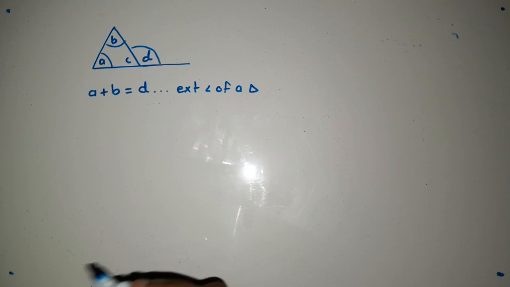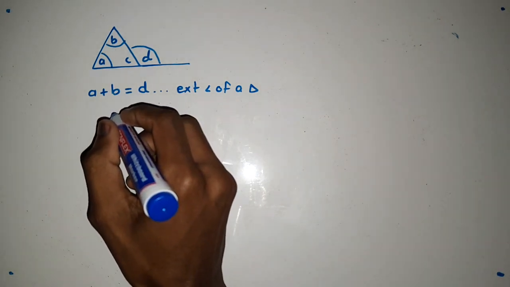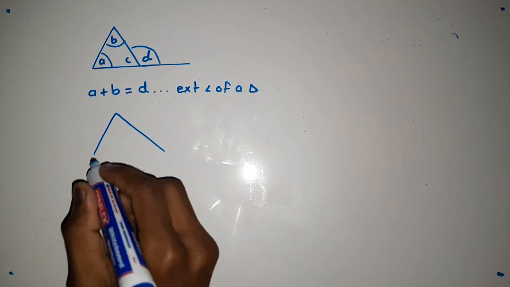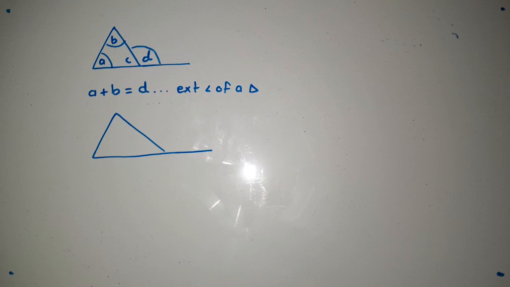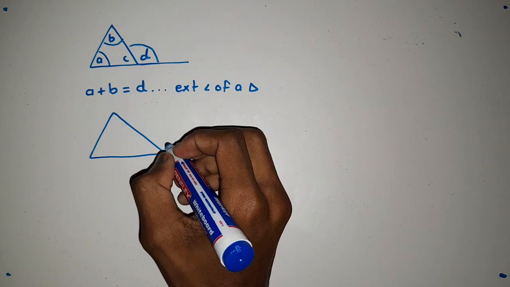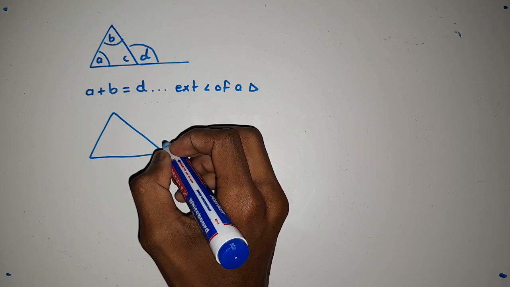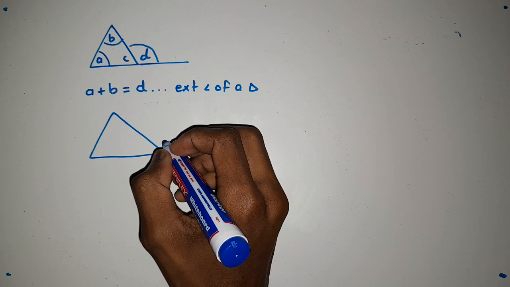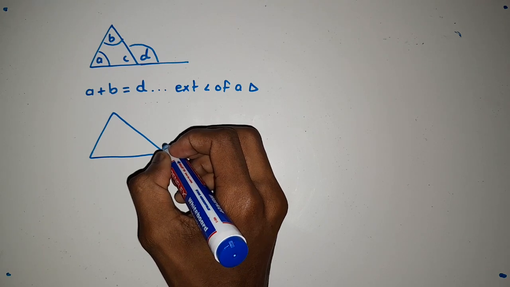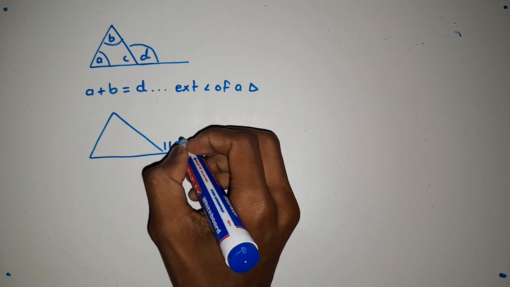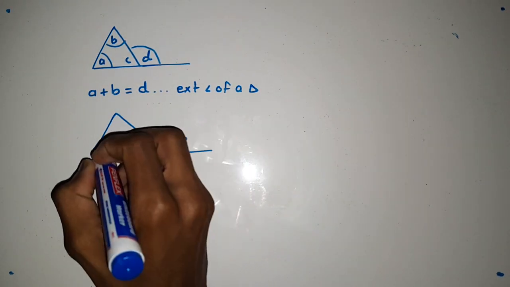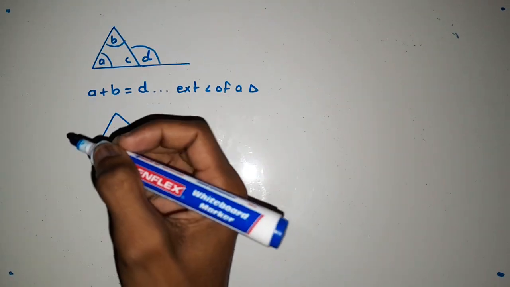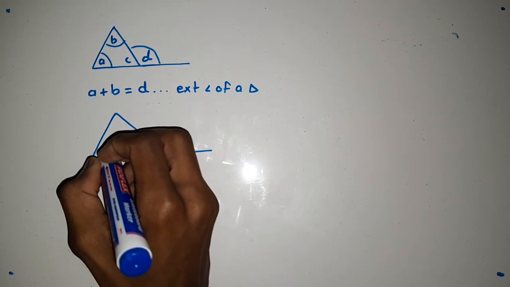You see? Let me give you some application. Let's say if now we have a triangle like this. Then let's say somewhere there I have 110 degrees. Then here I have, let me say x.